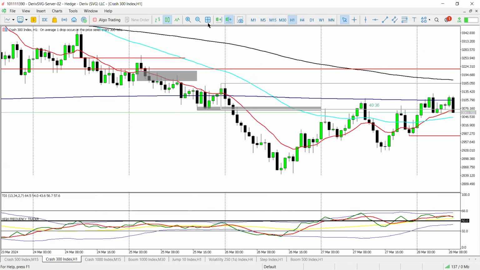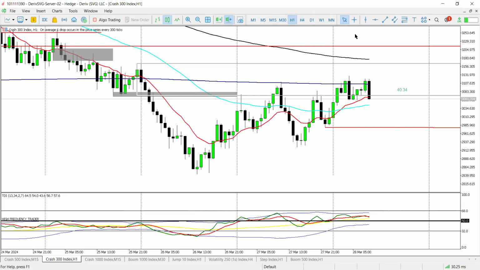So let's see what we have on H1. I've got an M pattern here. Before we explain today's setup, I just want you to know that if you were looking at it here, you could have taken a short-term sell here, another short-term sell here. As long as you can pinpoint a pattern from a smaller time frame, then you can always execute.